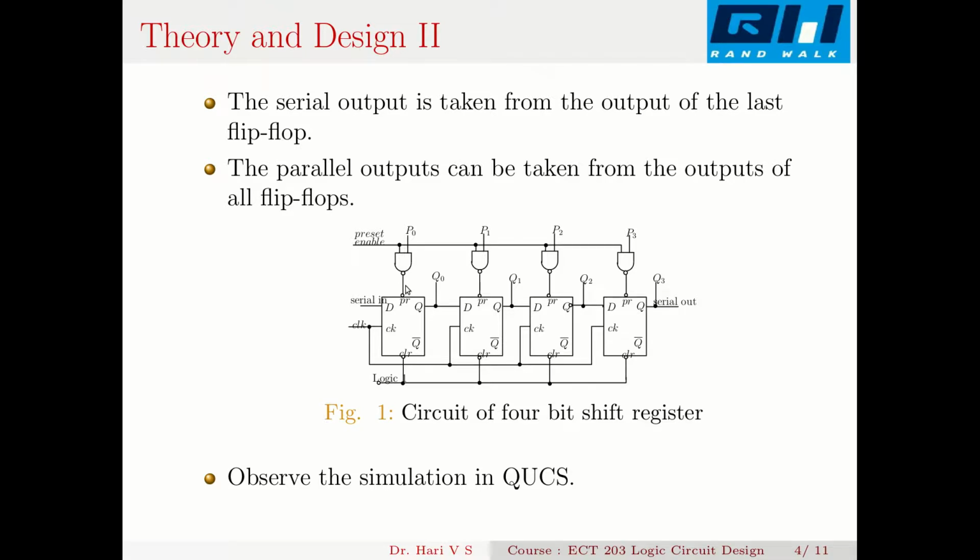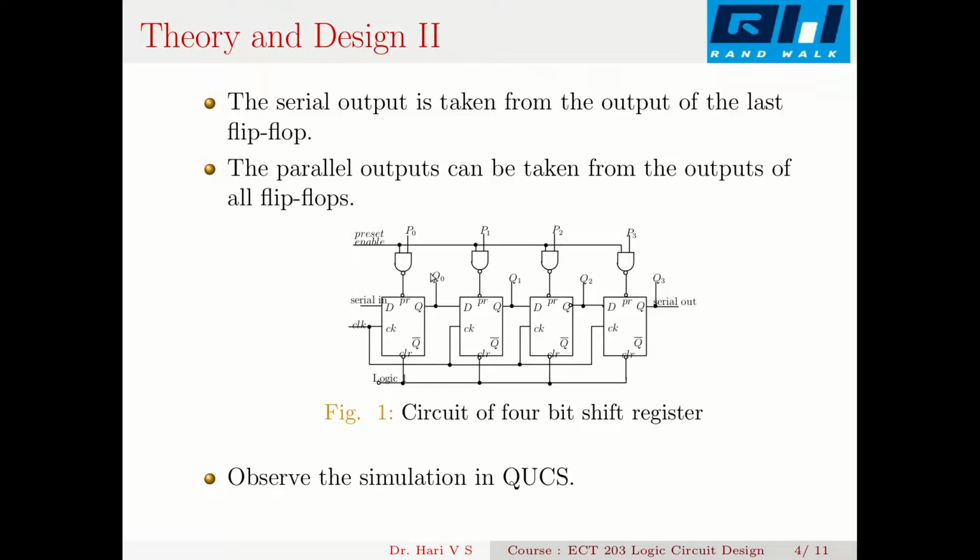Because P0 and P2 are 1s, those gate outputs become 0, and the other gate outputs remain 1. So this will be preset 1, this will remain at 0, this is preset 1, and this remains at 0. So the register is loaded with 1 0 1 0. You can give a suitable pattern and load that data into this register.